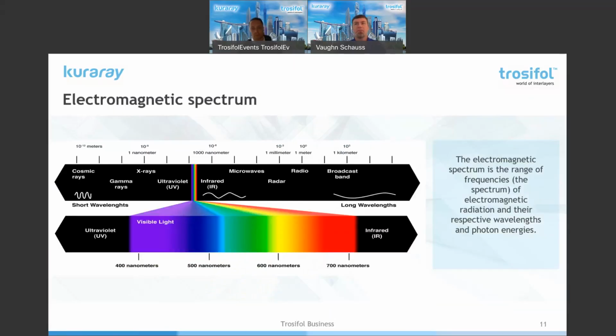This broad range of wavelengths is known as the electromagnetic spectrum, and the spectrum is generally divided into 7 regions in order of decreasing wavelength and increasing energy and frequency. These are, for instance, gamma rays, X-rays, UV light, visible light, infrared, microwaves, and even radio waves. But what we're really focused on is the UV to the infrared.